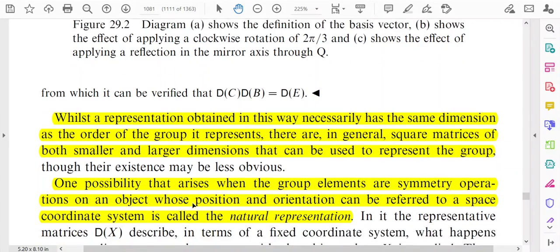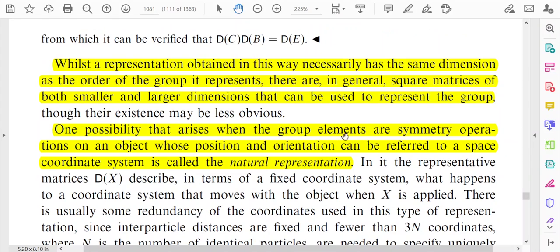One possibility arises when the group elements are symmetry operations on an object whose position and orientation can be referred to a space coordinate system. This is called the natural representation.